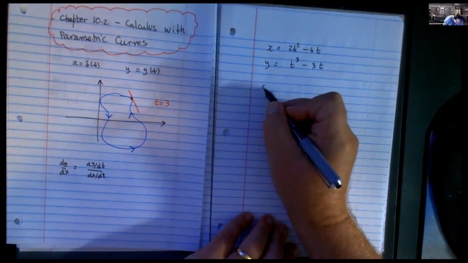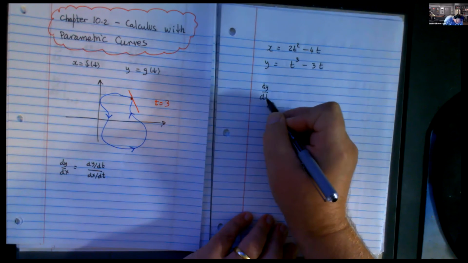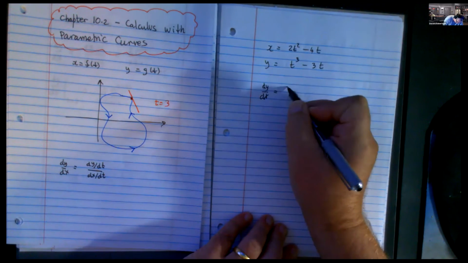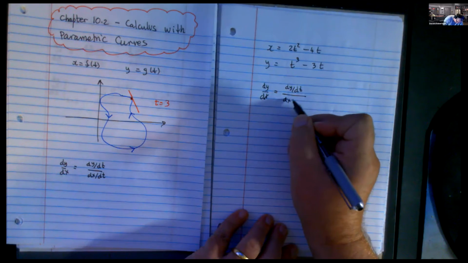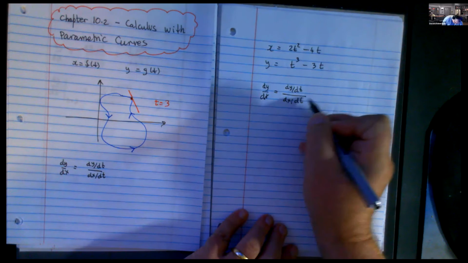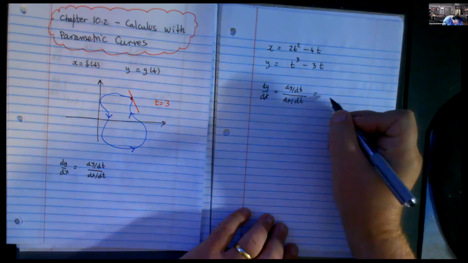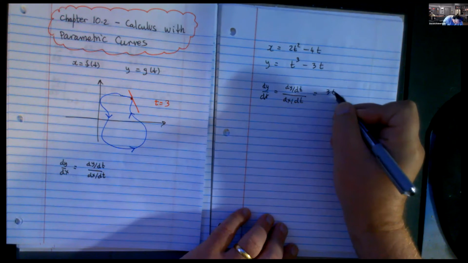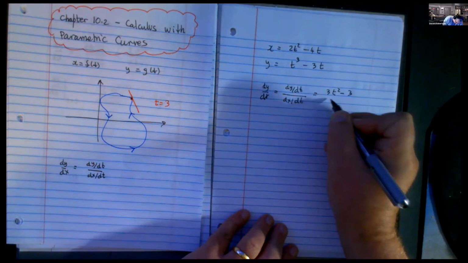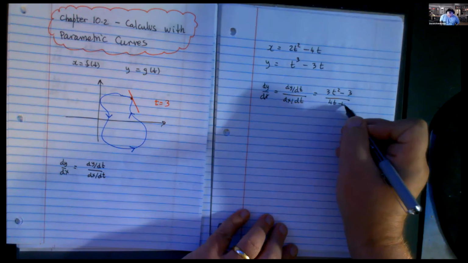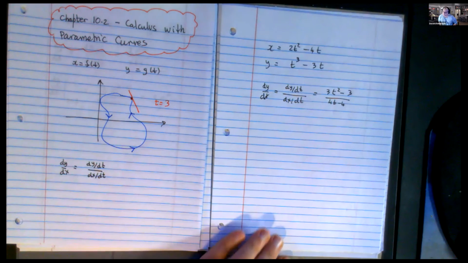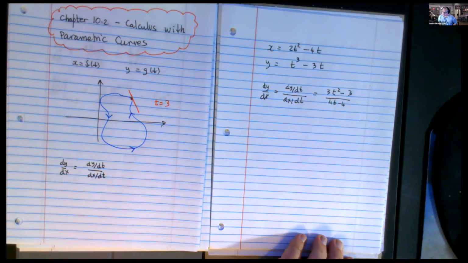We'll start with find its derivative. And that's going to be 3t squared take away 3. And the top's going to be 4t take away 4. Agreed? So far, so good.